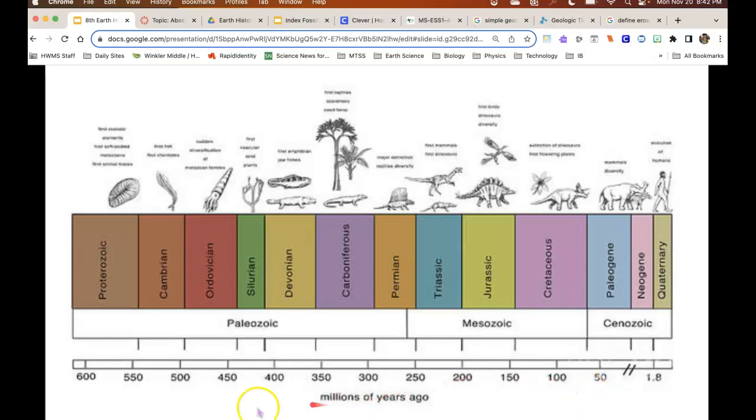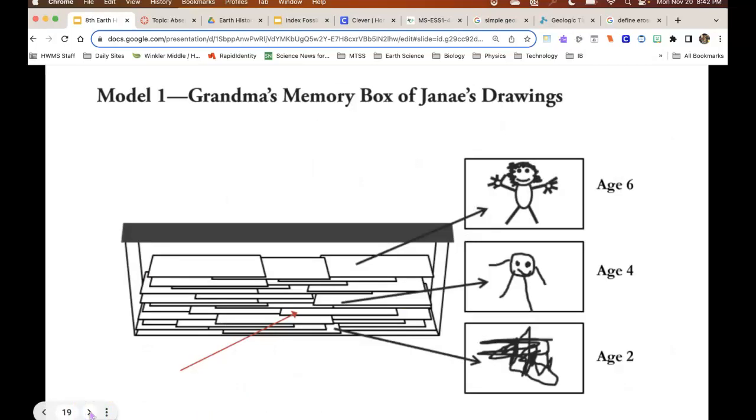Now, remember our POGIL activity where we looked at Grandma's memory box of Janae's drawings, and she had things in a relative order. So the first drawings when Janelle was age 2 are on the bottom, and then as Janelle has more drawings, Grandma puts them on top of the box, and so the most current are at the top of the box. So again, this is just relative.